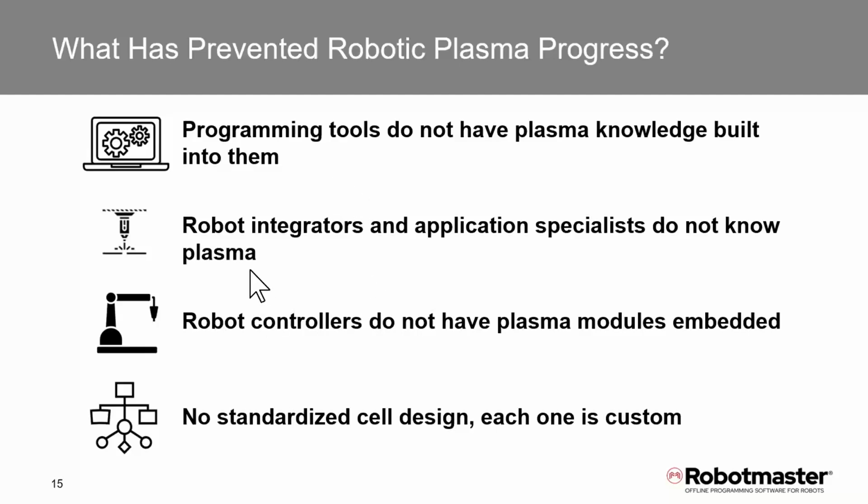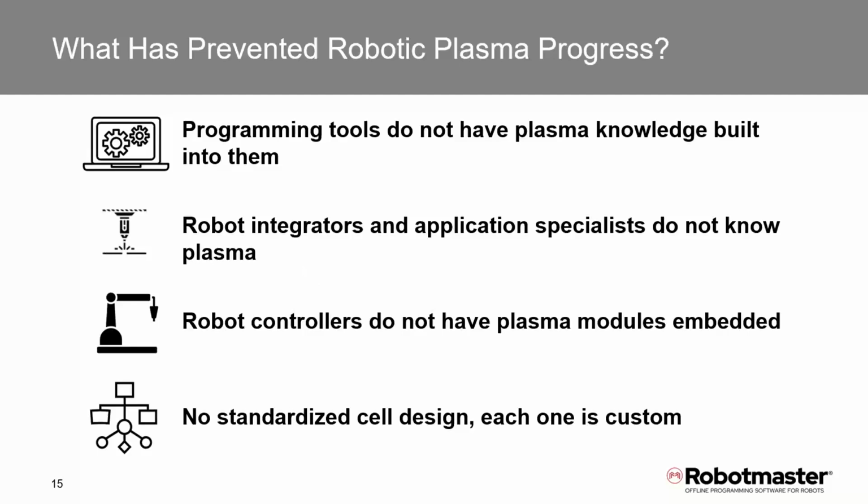We also find that the people that do robotic integration tend to be very different than those application specialists that understand something like cutting. And marrying those two is not always easy. Likewise, we are working with certainly the big four robotic manufacturers, and RobotMaster works with many manufacturers, yet those controllers don't necessarily have plasma modules built in.